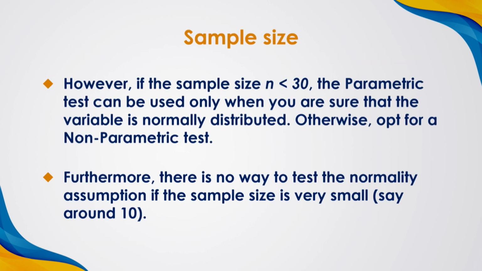However, if the sample size n is less than 30, the parametric test can be used only when we are sure that the variable is normally distributed. Otherwise, opt for a non-parametric test. Furthermore, there is no way to test the normality assumption if the sample size is very small, say around 10.